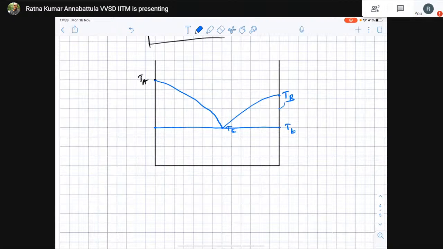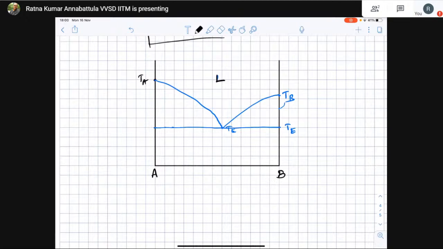This is our TE. That is our type 2, where there is complete solubility in the liquid state, no solubility in the solid state whatsoever. Type 3 is partial solubility. We will discuss it later. So in the liquid state, both A and B are completely soluble. So you have L. Okay, and this is A and that is B.